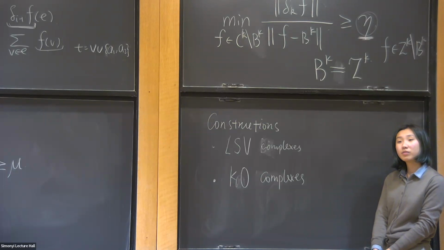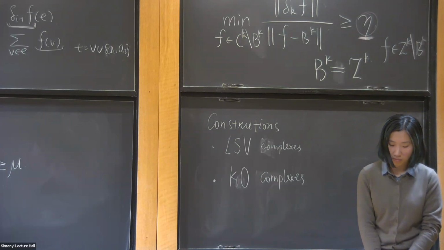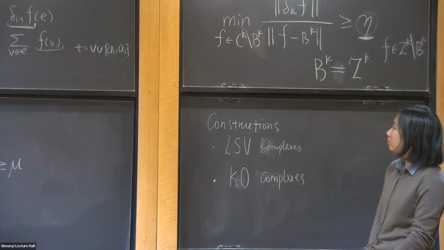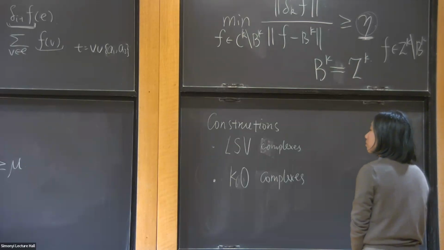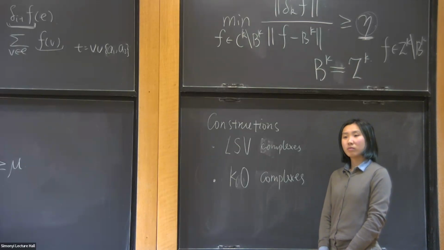Sometimes you can't understand whether you have a hole or not unless you're looking at the whole complex. Whereas it turns out you can prove cosystolic expansion using very local methods, looking only at neighborhoods.